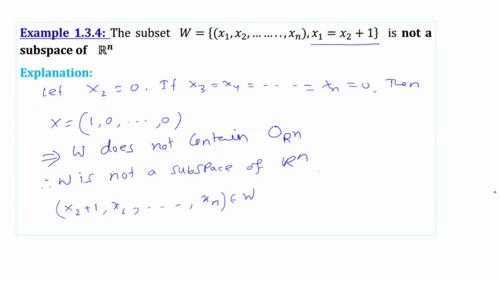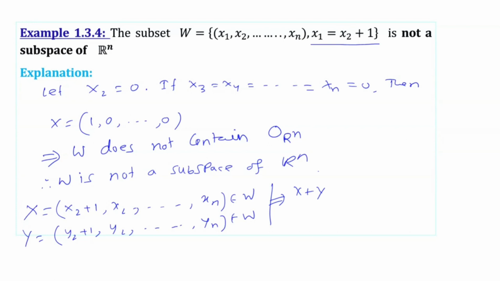In general, a vector in W can be given as (x2 plus 1, x2, ..., xn). In the same way we can take y = (y2 plus 1, y2, ..., yn), which also belongs to W. This is the second way to verify that W is not a subspace.